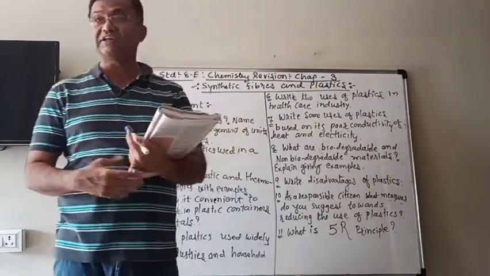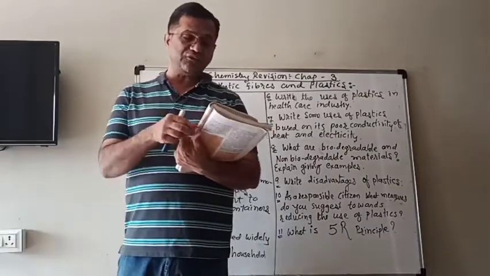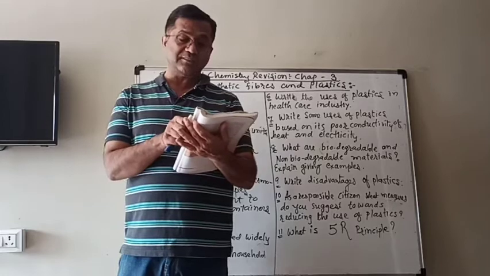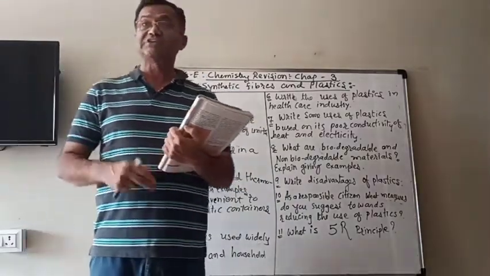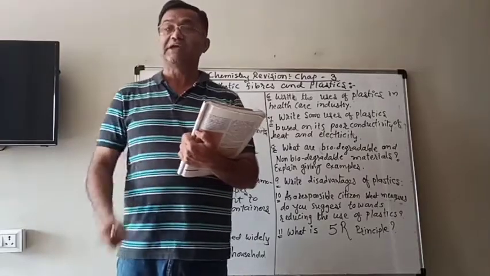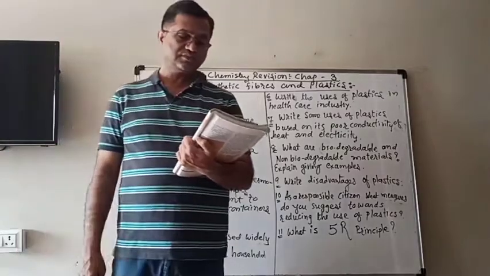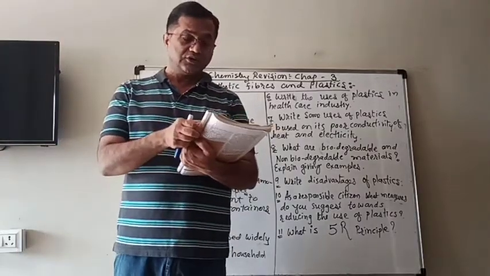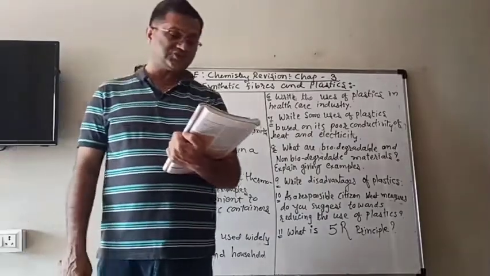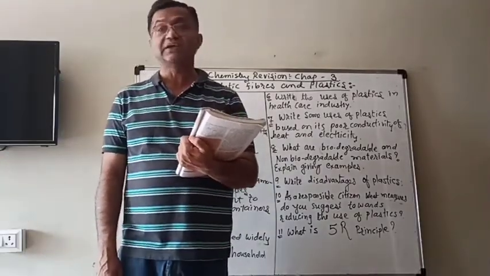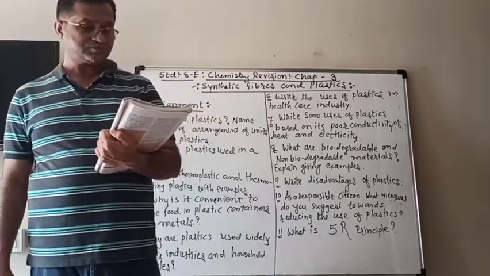If they use synthetic fibers, then what will happen? They can catch fire easily. And therefore, the uniforms of the firemen have a coating of melamine, because melamine is heat resistant and fire resistant. It cannot catch fire even at high temperature. And therefore, their uniform is coated with melamine plastic so that it is flame resistant. It cannot catch fire and they can survive.